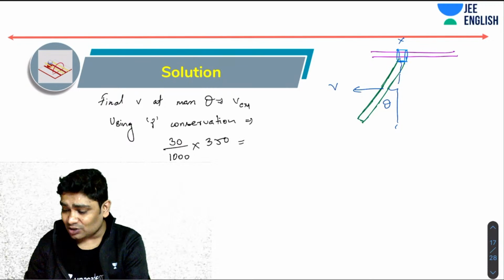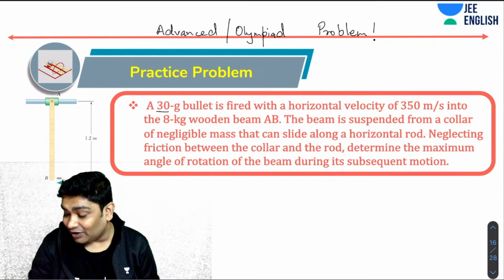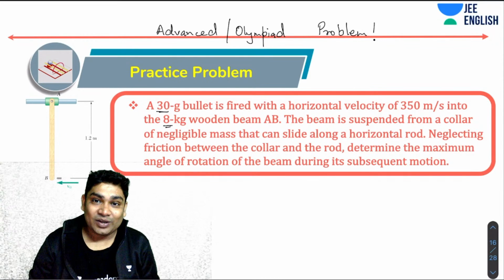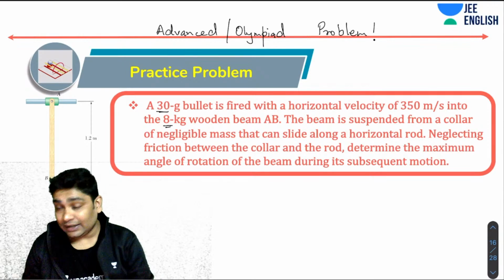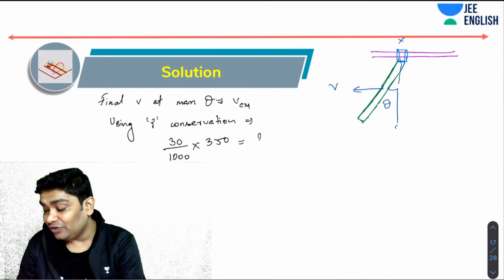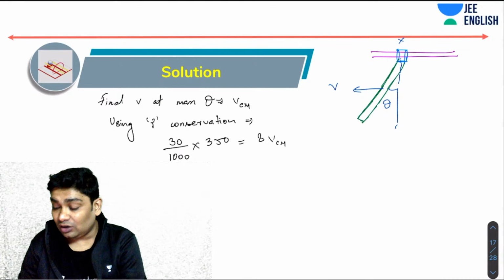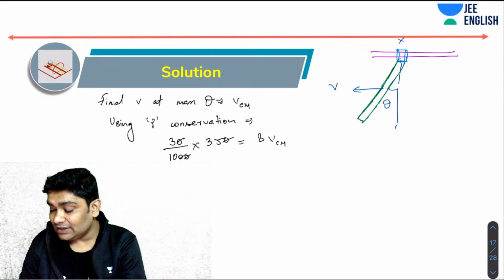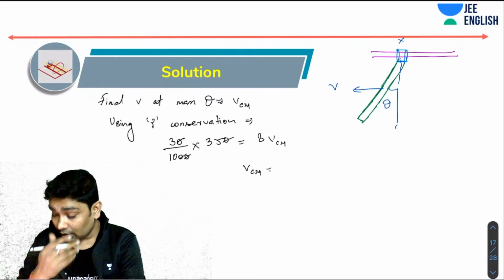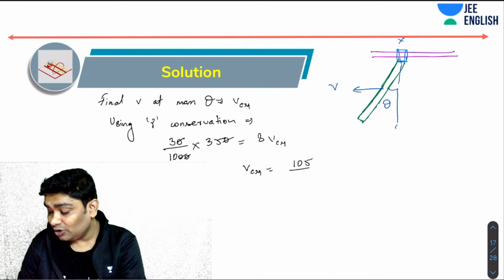Let's assume I can ignore the weight of the bullet in front of the mass of the wood. I have 8 kg, and in front of 8 kg I can almost ignore the 30 grams. So I can say 8 into VCM. From here I can figure out what my VCM would be, which would be equal to 105 over 80.